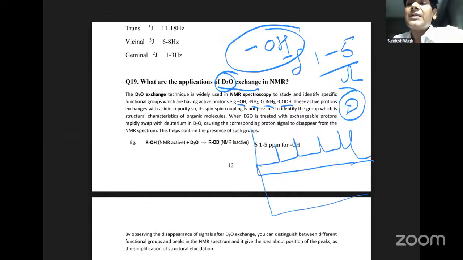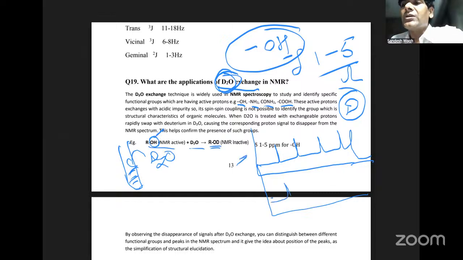To identify that proton, we re-record the spectrum with D2O, same sample. We fill the NMR tube with the sample and solvent, and we put a few drops of D2O. Then when we shake it, the proton of the OH will be replaced with deuterium, and the OH peak in the first spectrum will be missing.